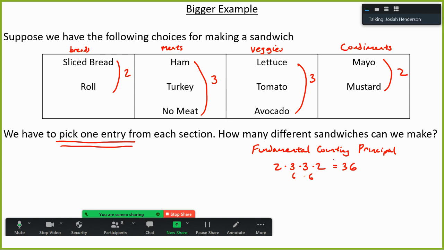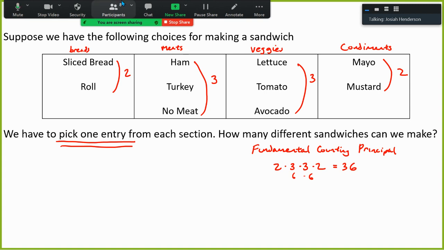And if we try making our list, you'll see it gets really hard to keep track of it. I want to just show you an example. So here's how we could start mapping them all out if we wanted to show all 36. We could have sliced bread with ham and lettuce and mayo. There's one sandwich.